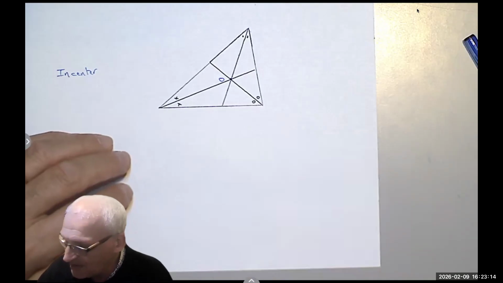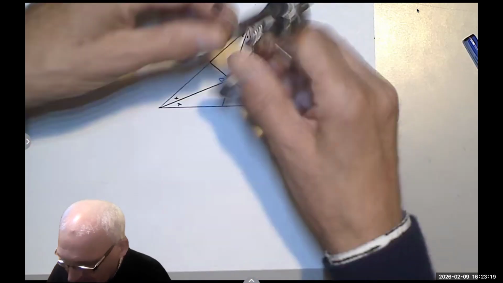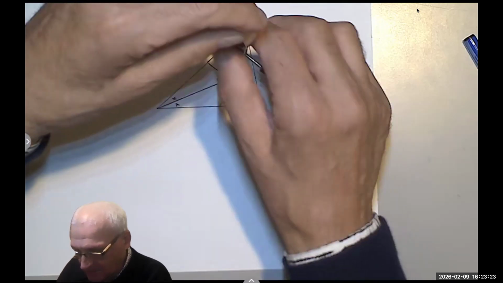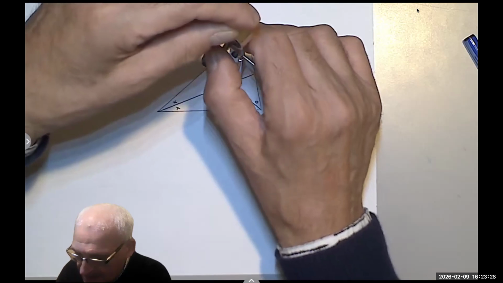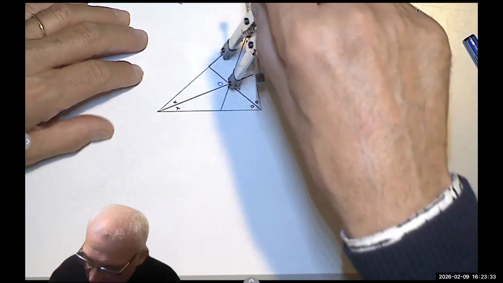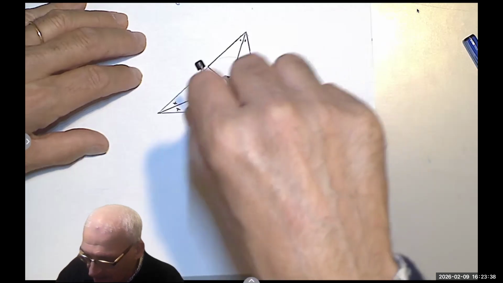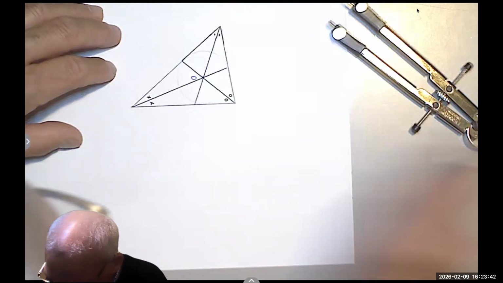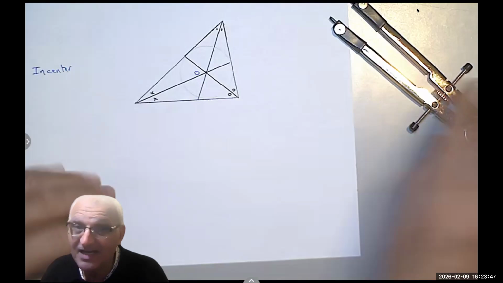So if we get a compass and try to make a circle that touches one of the sides at one point, roughly, I mean, it's not drawn to scale, but you can see here that it touches each side at one point. If it was drawn properly it would be more accurate, but I did that quickly.